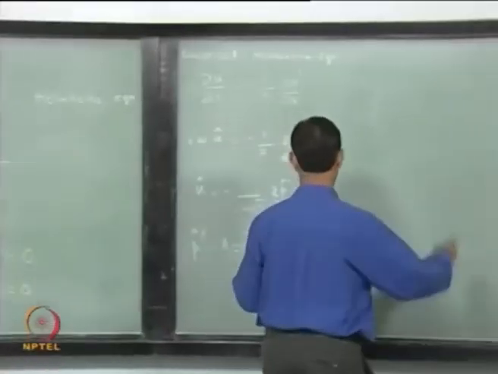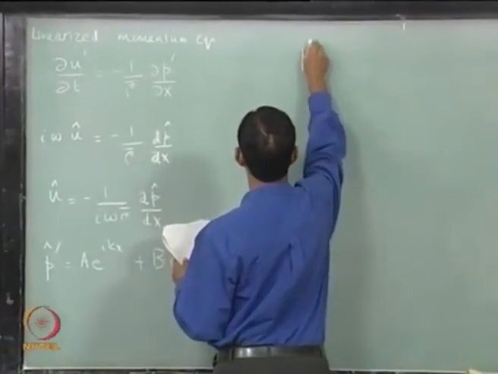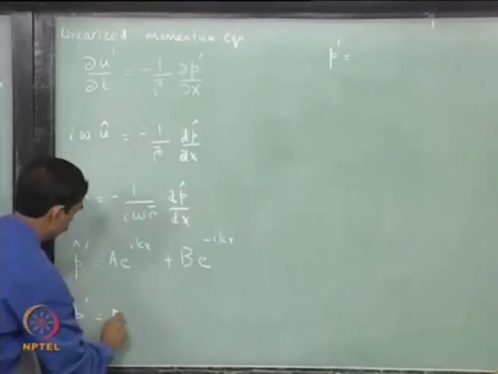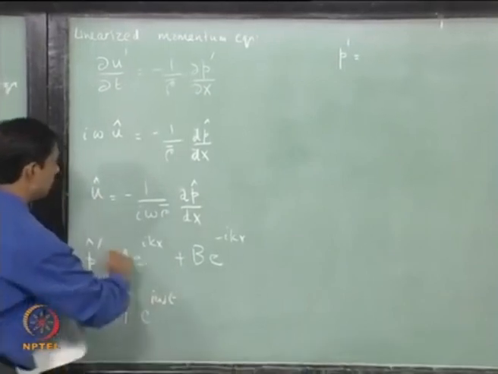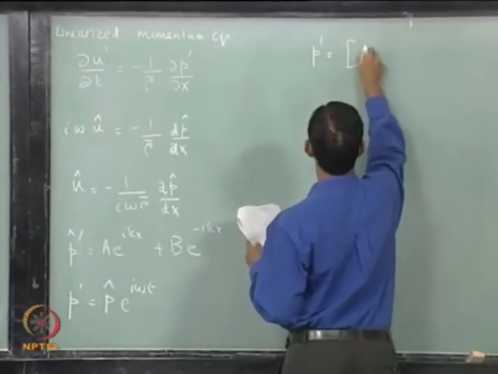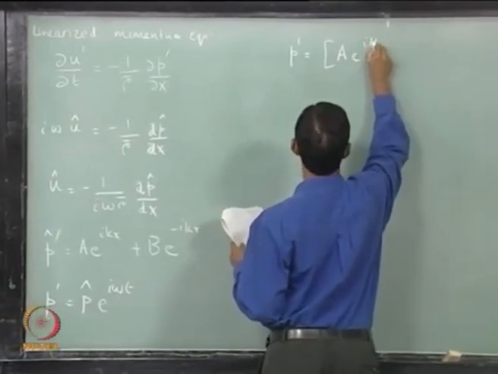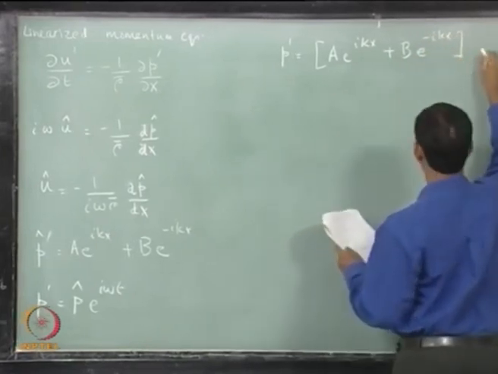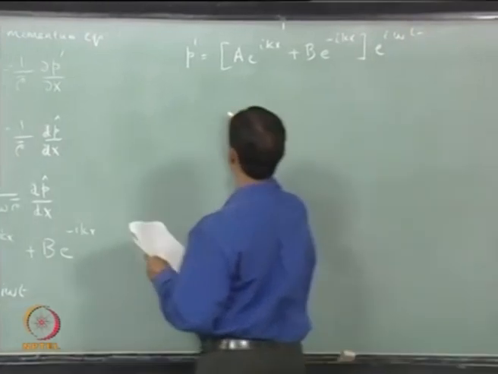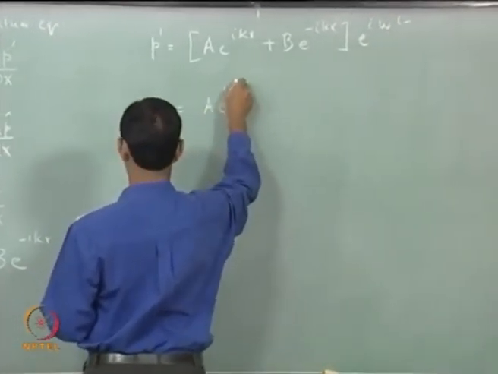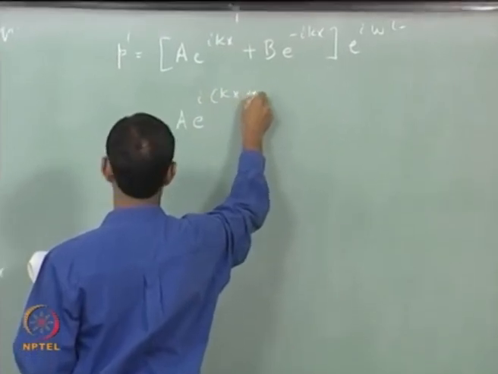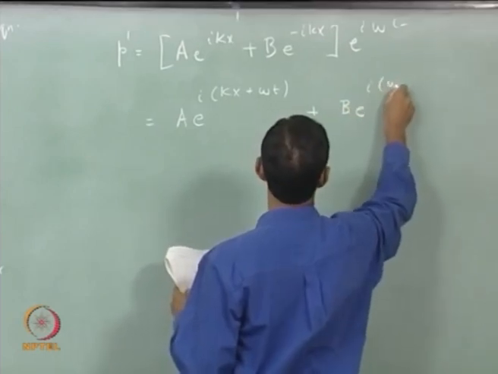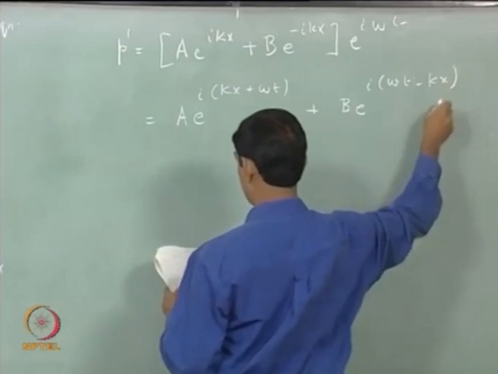So P prime would be P hat e power I omega t, so I multiply this by e power I omega t, so a e power I k x plus b e power minus I k x times e power I omega t, which I can rewrite as a e power I times k x plus omega t plus b e power I times omega t minus k x.